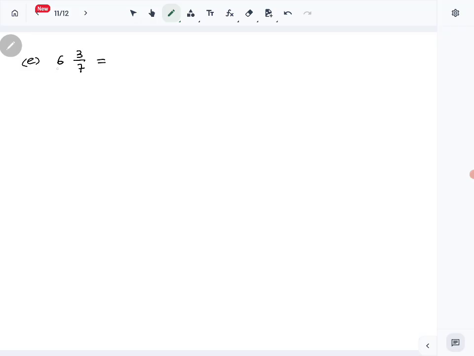Right, so again, the first step is always to multiply the denominator by the whole number, then add the numerator. So 7 times 6 plus 3 over 7, which gives me 42 plus 3 over 7. So 45 over 7. Right.